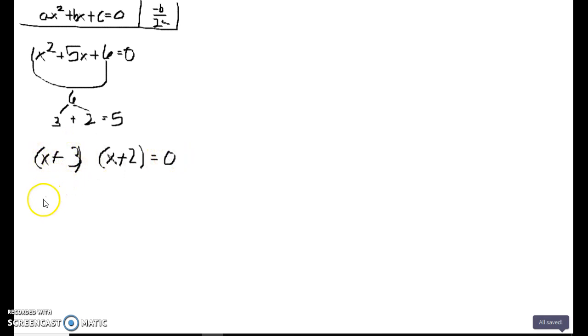Now, in order to solve for x in this case, unlike linear equations, quadratic equations have multiple answers. So we need to set both of these terms equal to 0. So x plus 3 equals 0, and x plus 2 equals 0.